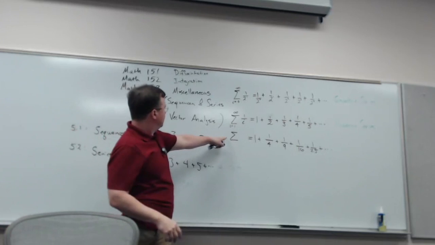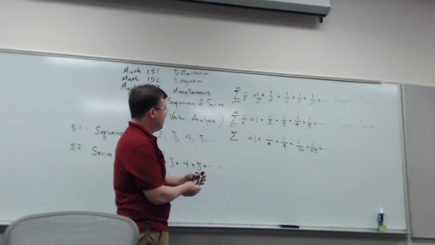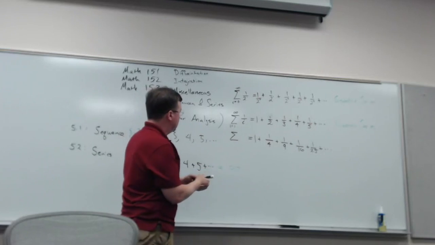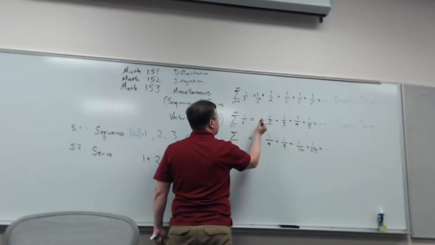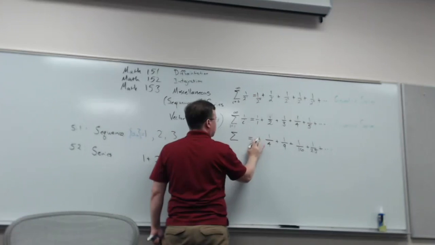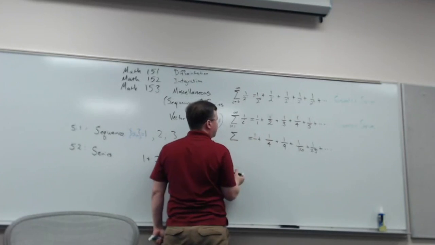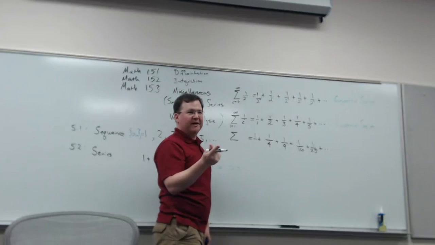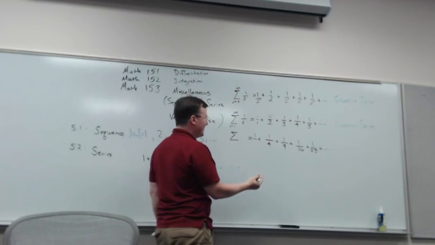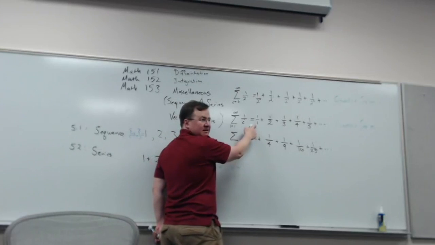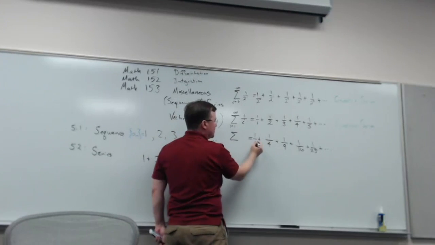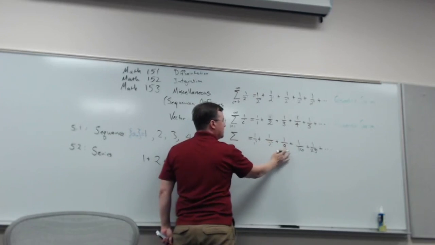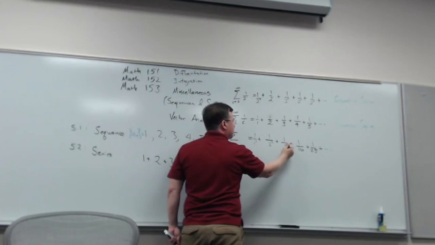And in this third case, how would we express this? I was just taking this and squaring it. So this becomes 1 squared, 2 squared, 3 squared.